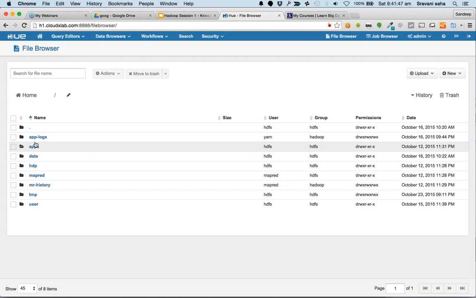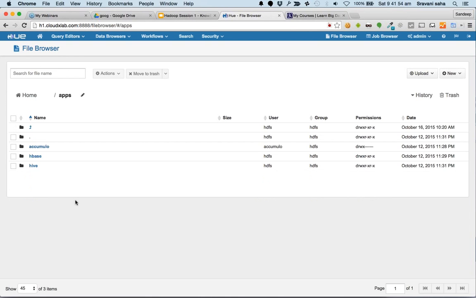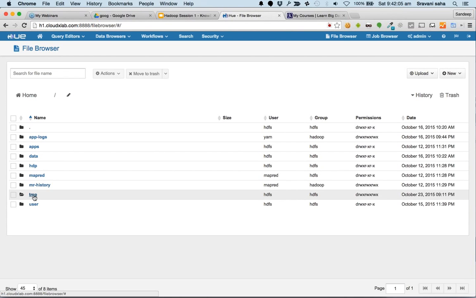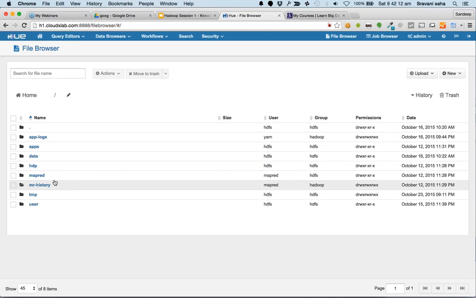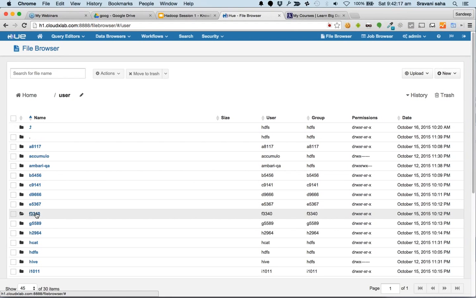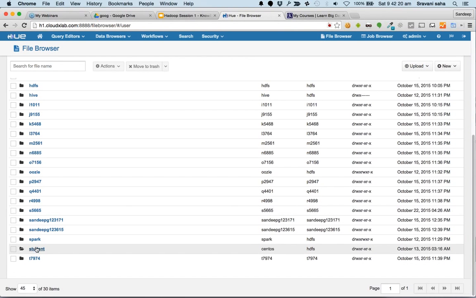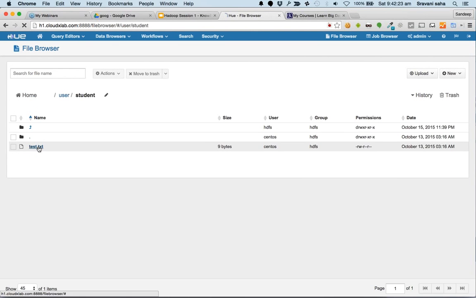Now you can see many things, and many things will get clear. HDFS is actually like your normal file system. You have folders and you have files. Every user has their own folder at this place.